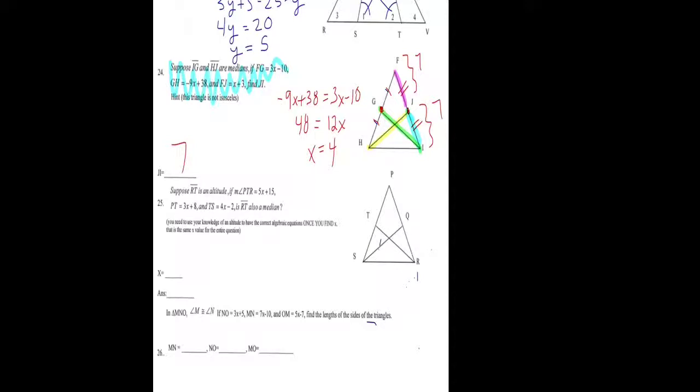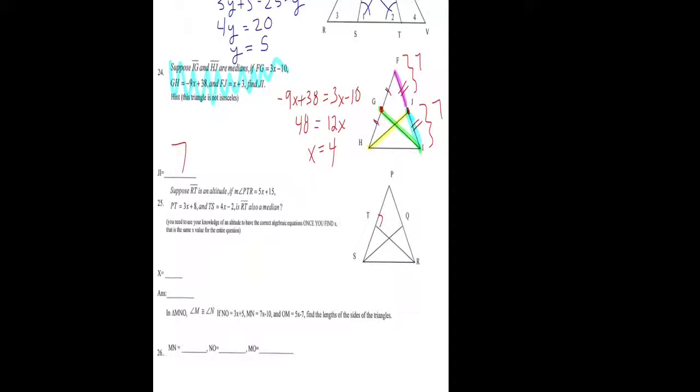Working down here, let me start erasing some of this stuff. We say that PT is equal to 3x plus 8 and TS is equal to 4x minus 2. Knowing that RT is an altitude and the measure of angle PTR is 5x plus 15. So if RT is an altitude, that's a right angle.